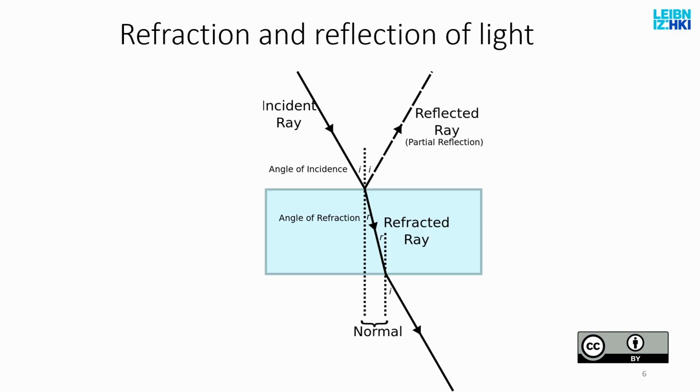So if these two surfaces are parallel, all you have is that you shift this beam over, but it is still going to be parallel. So what a parallel piece of glass will do is simply shift the light path, but will not bend it. But inside the glass, there is, of course, reflection.